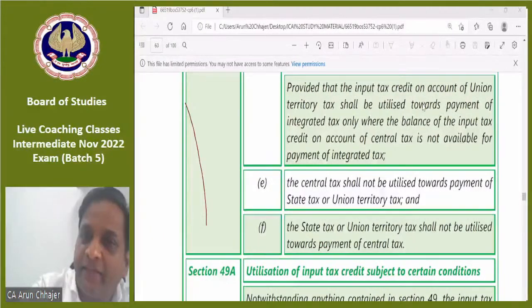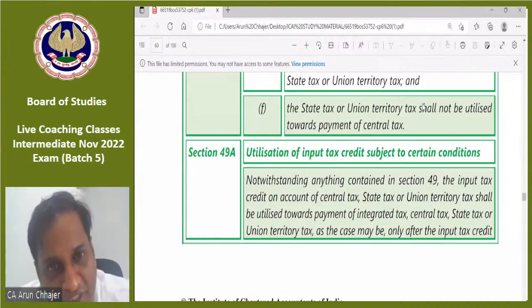What is 49A? Utilization of ITC subject to certain conditions.